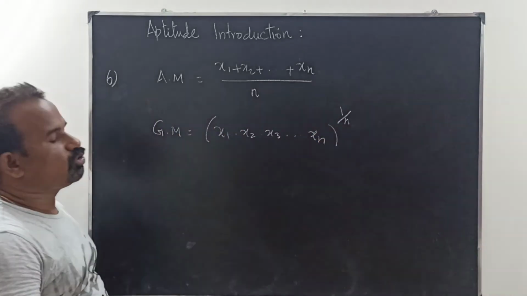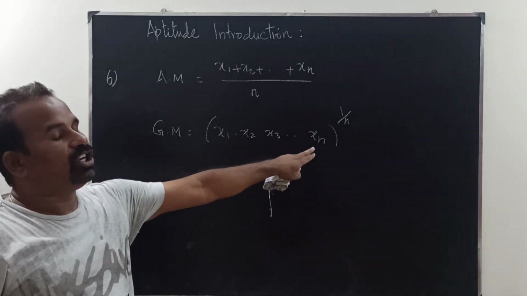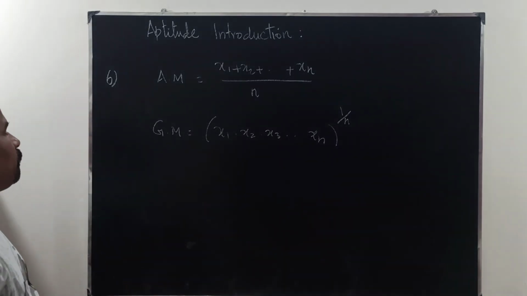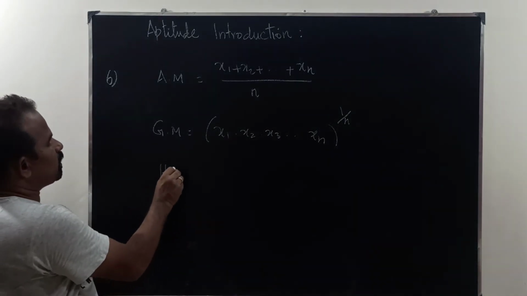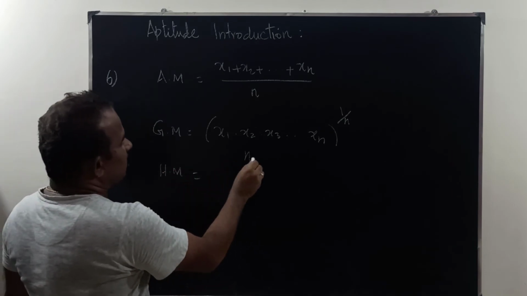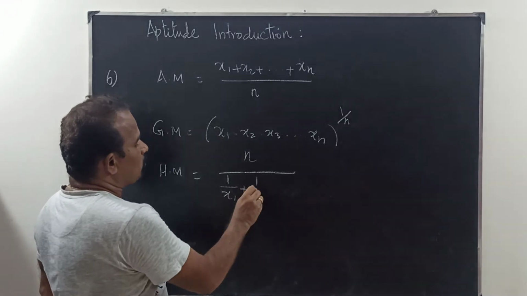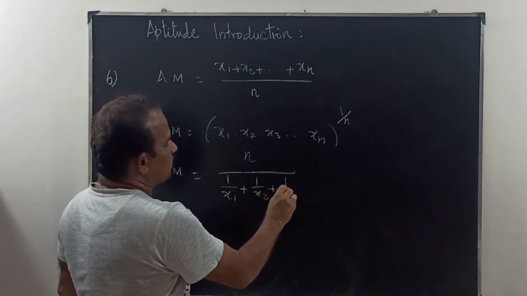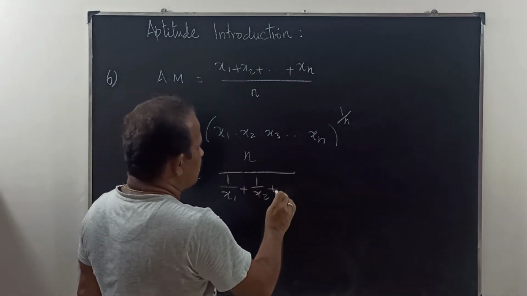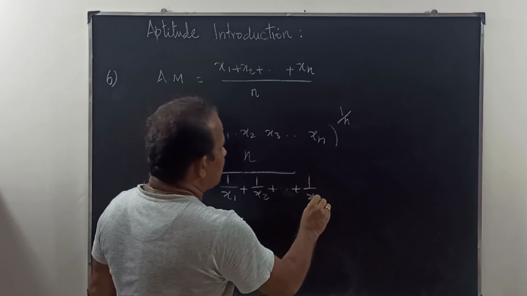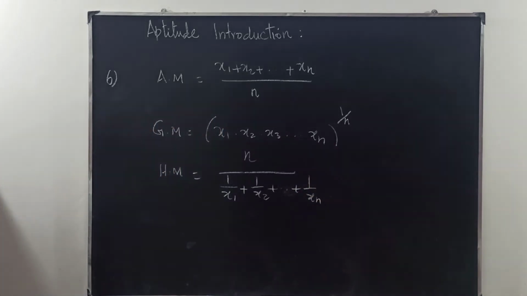So this is nothing but the geometric mean of n individual observations. Then harmonic mean is equal to n divided by 1 by x1 plus 1 by x2 plus 1 by x3 etc. plus 1 by xn. This is nothing but harmonic mean.